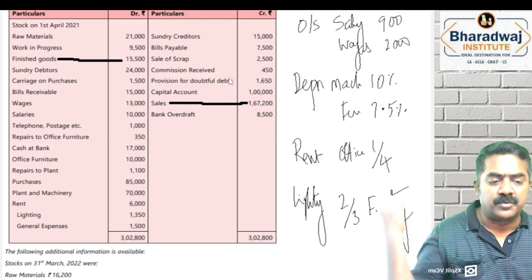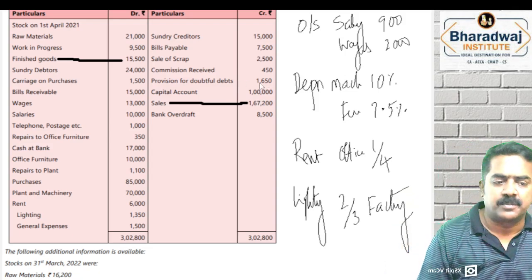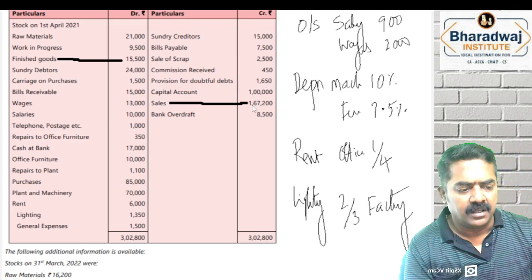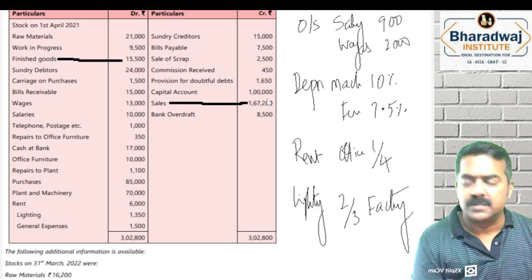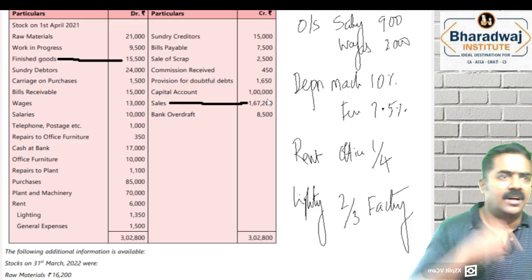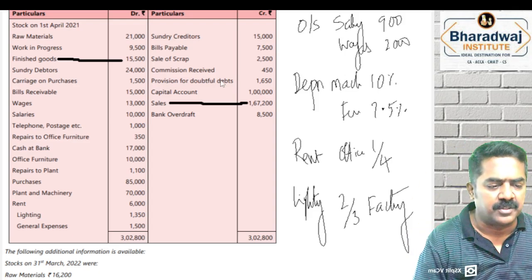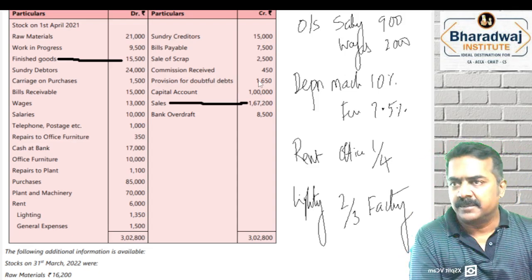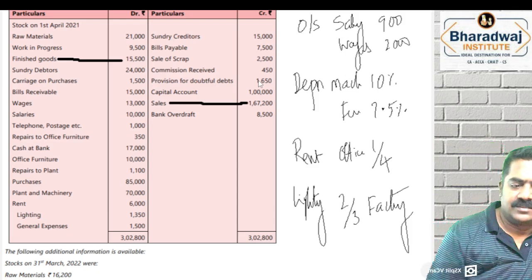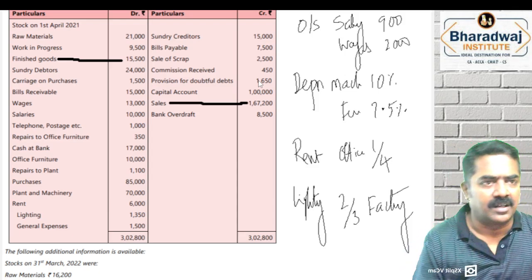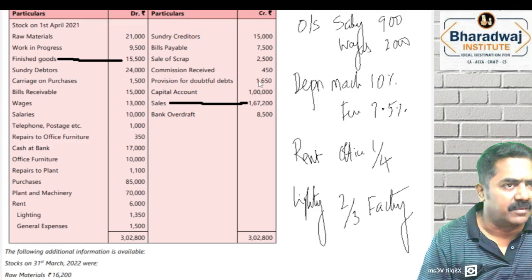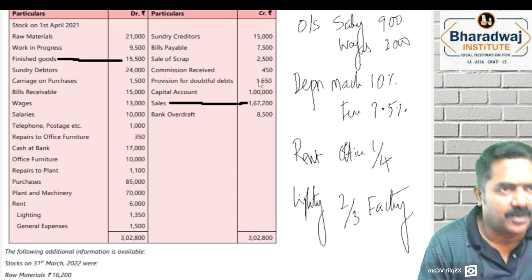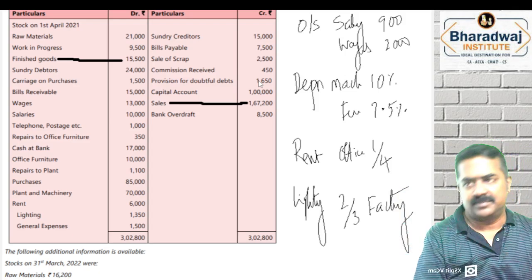Already there is an opening balance of provision for bad debts. How much? 1650. What is the extra provision required? 1% of 167,200 gives 1672 required. Already the old provision is 1650. So how much extra do we create? 22.